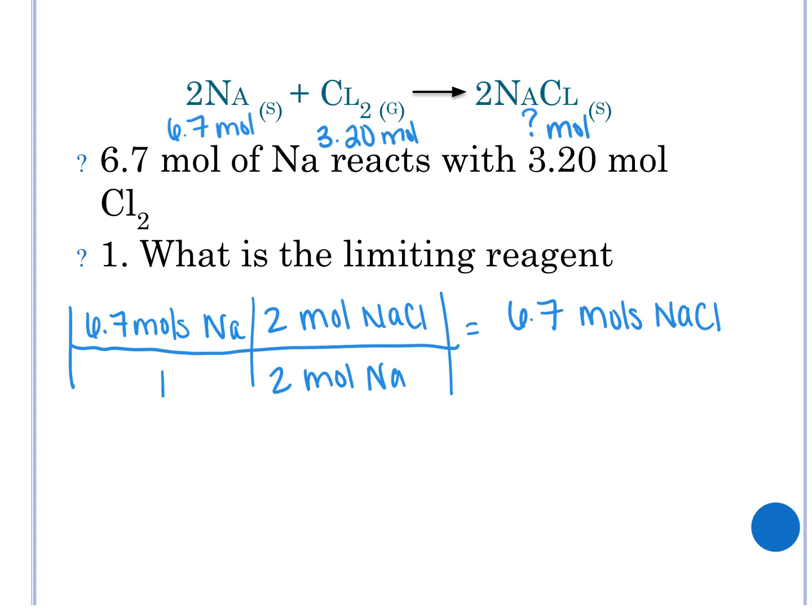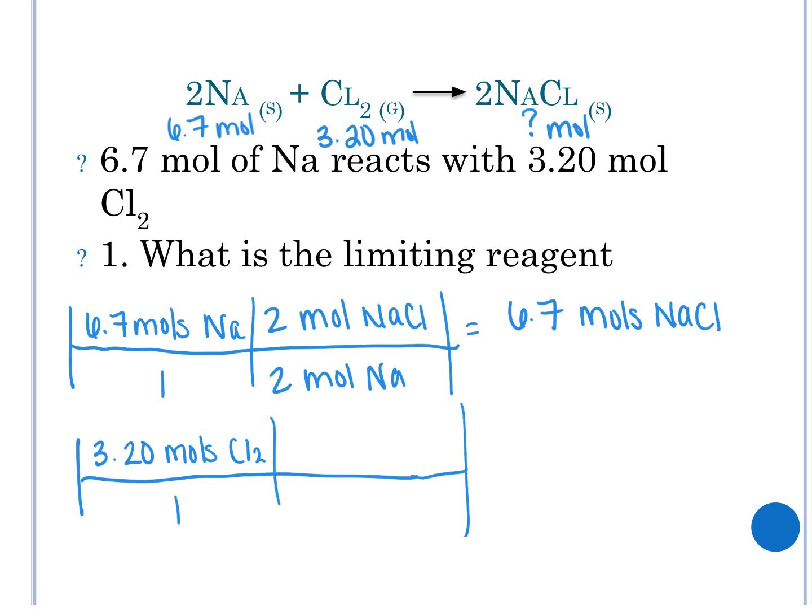Now we're going to do the same thing. This time, we're going to start with the 3.20 moles of chlorine. Okay, so now, what's the ratio of the chlorine to the sodium chloride? Okay, it's a 1 to 2 ratio.